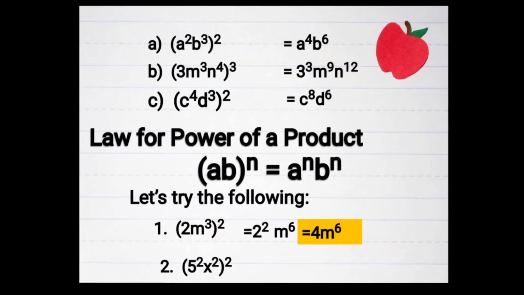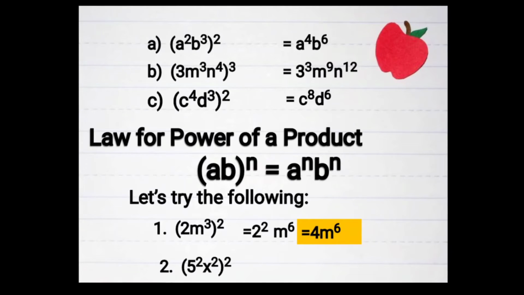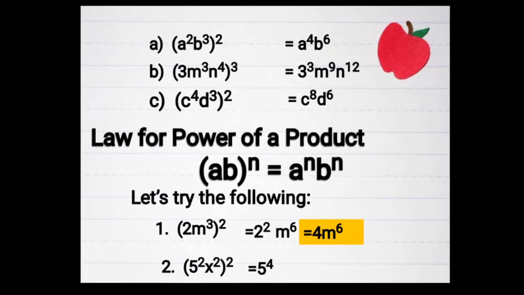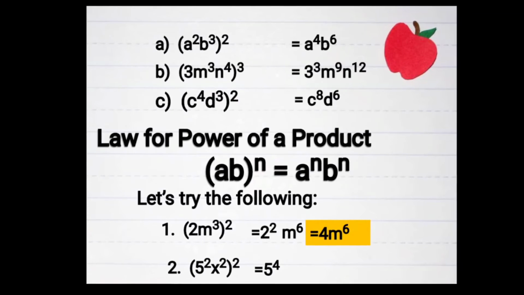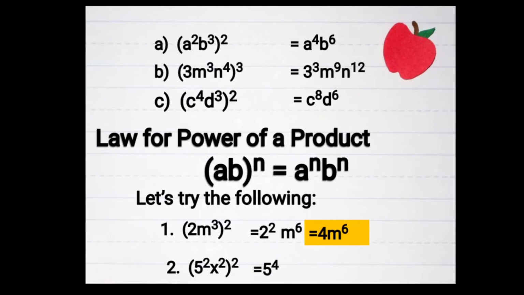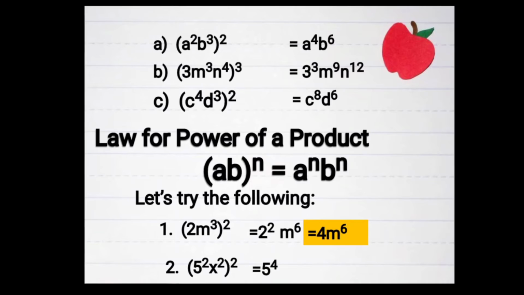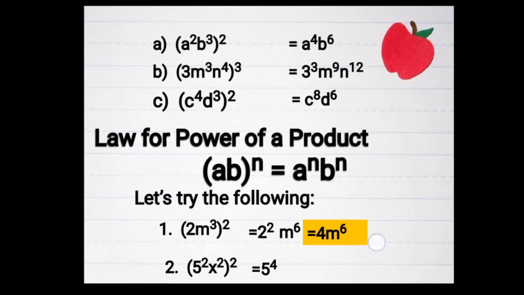Number 2, we have 5 squared times x squared, squared. So first, copy the base 5, then multiply the exponent. 5, then 2 times 2 is 4. That's why we have 5 raised to 4. Next, copy the base x, then multiply 2 times 2 is also 4.